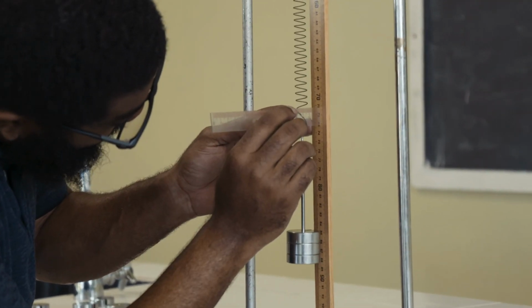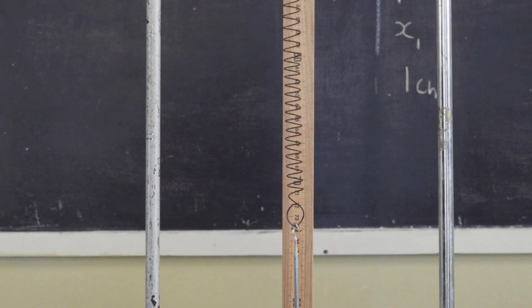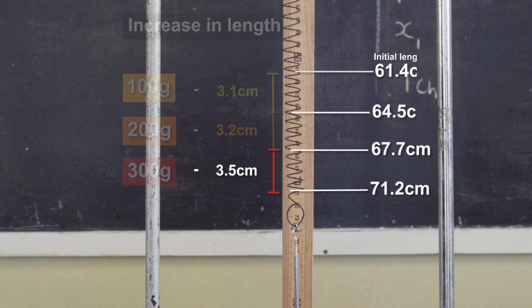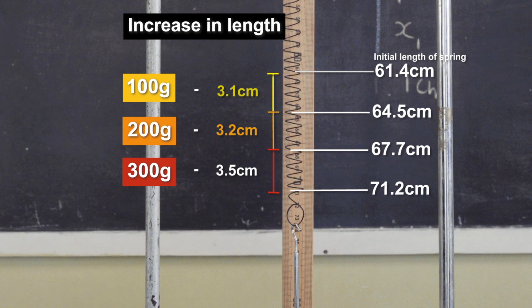According to this, it's at 71.2, and we were at 67.7. That's an increase of roughly 3.5 centimeters, which is consistent because we're getting around the 3.2, 3.3, 3.4 mark.